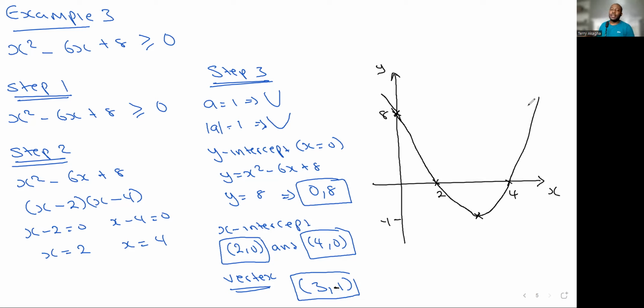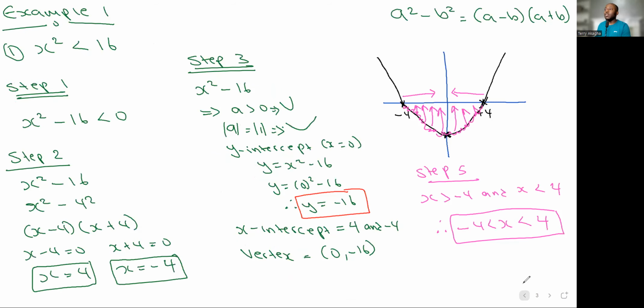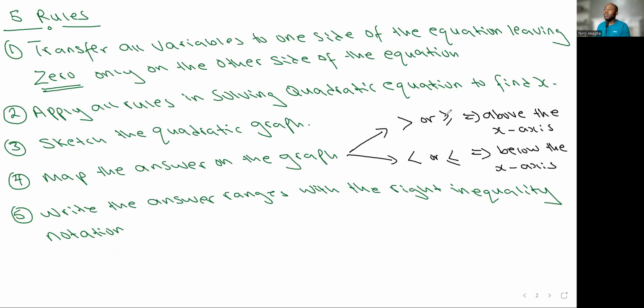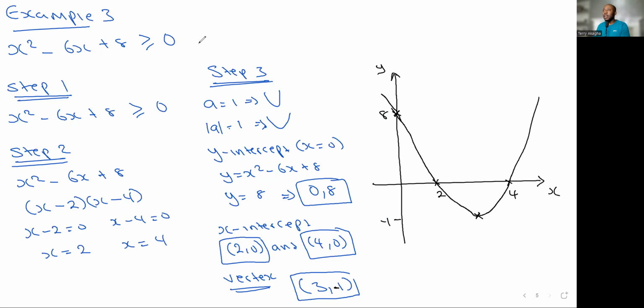Now we go back, and you see that when you're mapping it, like I told you, if it's greater than or greater than or equal to, you shade above the x-axis. If it's less than, you shade below. So if you look at this, we have greater than. That means we need to shade what? Above. So all the points above the axis are the solution. So when you bring this down, all these points here are the solution.